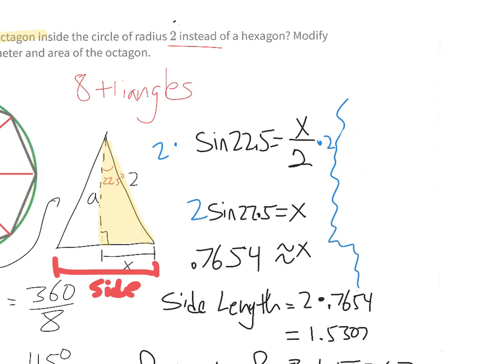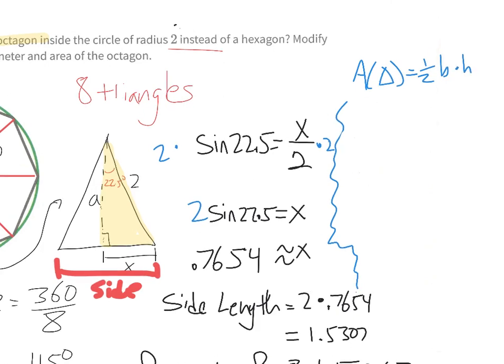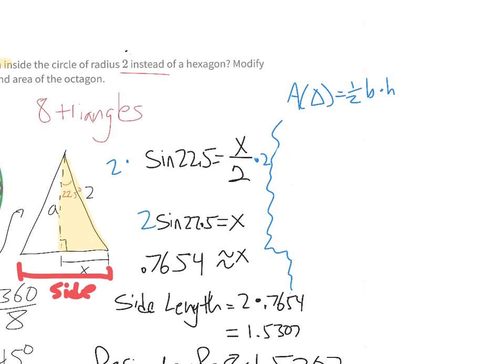We need to find A here because the area of a triangle is 1/2 base times height. Or specifically for this, we have 1/2 times S times A. A is the altitude, and S is the side.